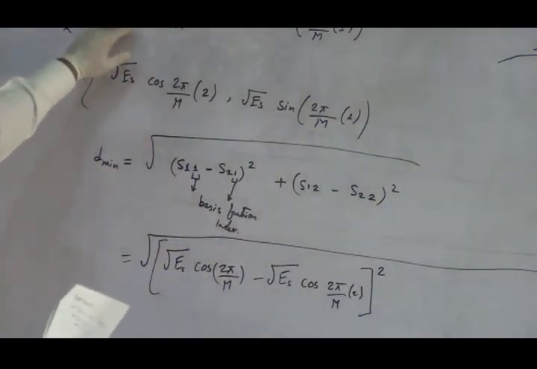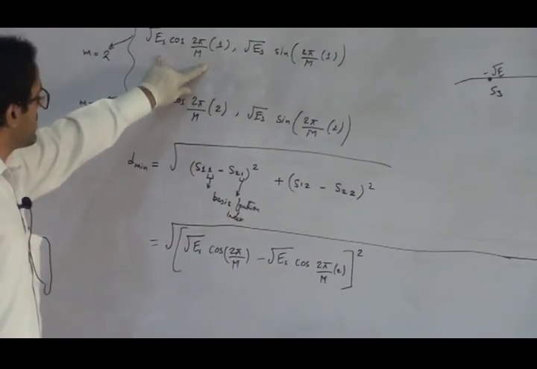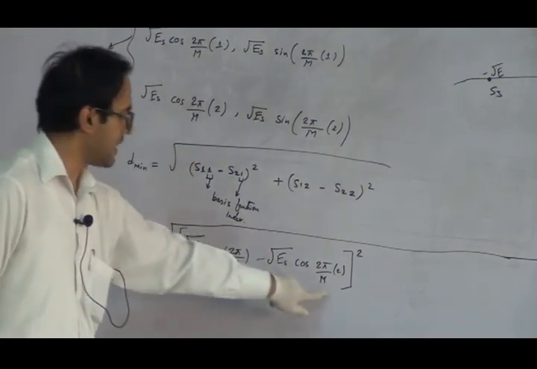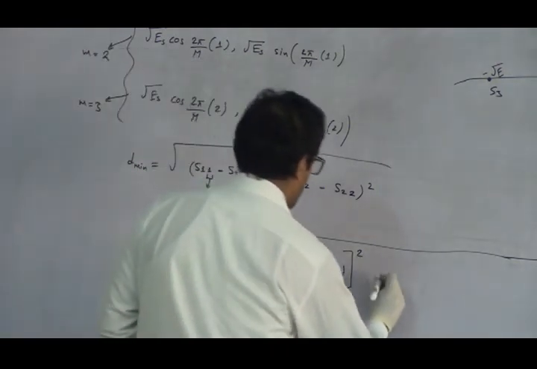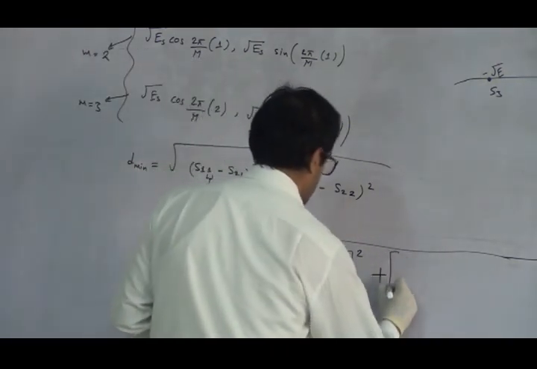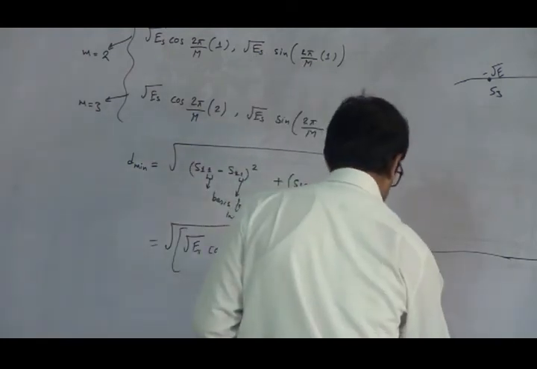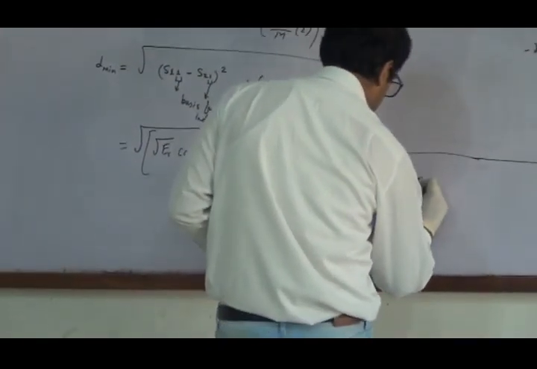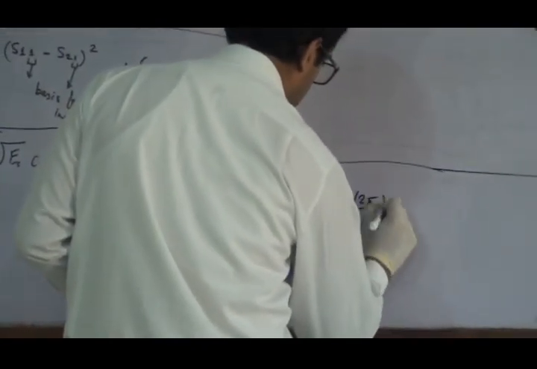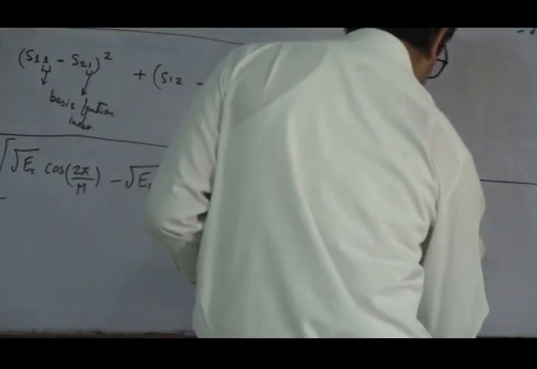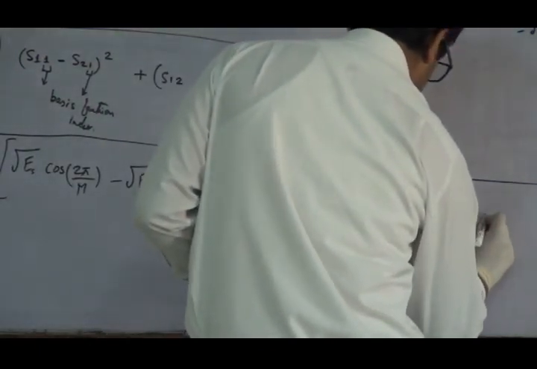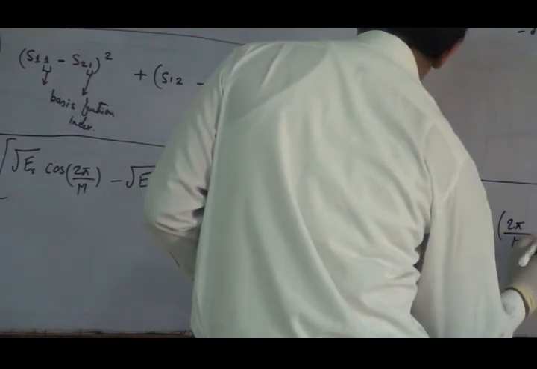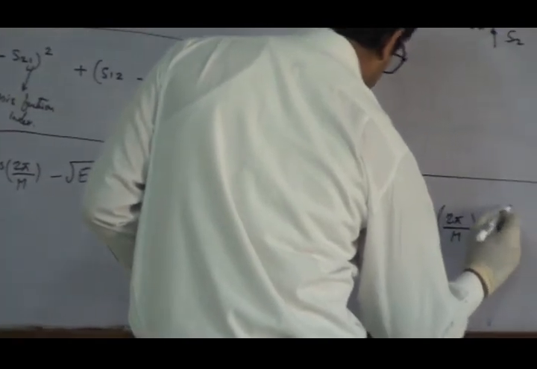Right? So I've substituted these two values: this one for S11 here, and this one for S21 there. Take it plus under root E S sine 2 pi by m minus under root E S sine 2 pi by m times 2, right?